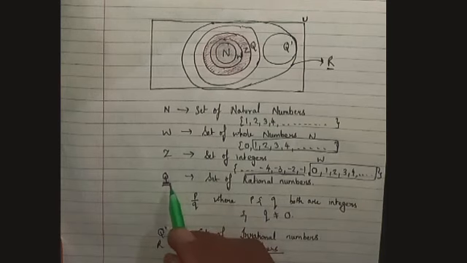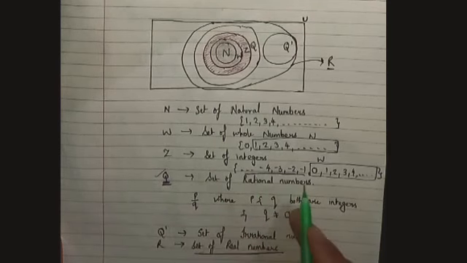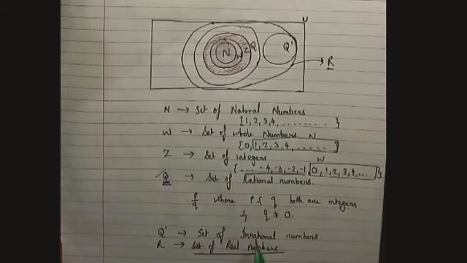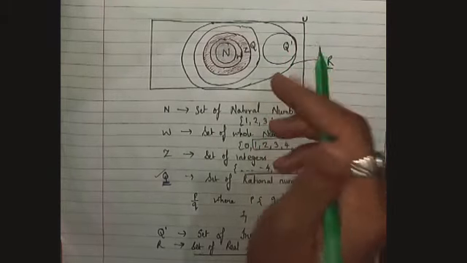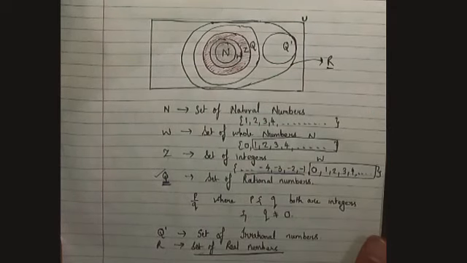And other than this, the numbers which cannot be represented in the form of a rational number are irrational numbers. That means we cannot represent them in the form of p by q, where p and q both are integers and q is not equal to 0. Such types of numbers are called irrational numbers, and they are separate numbers which are not under any category of rational numbers.